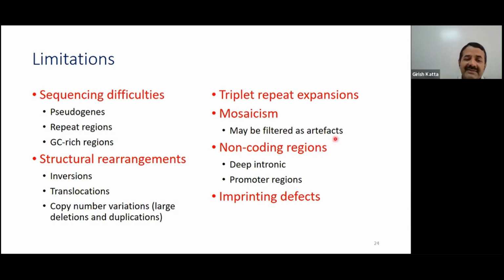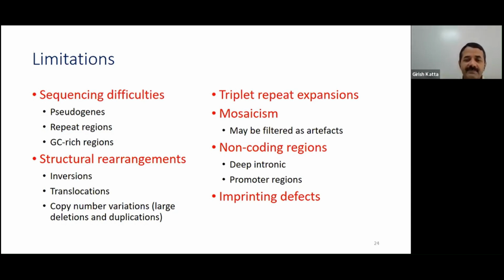Non-coding regions are by design not covered, but there may be some specialized capture kits or even multi-gene panel testing where deep intronic and promoter regions may be covered. But in general, exome sequencing does not cover this, but this can be covered in whole genome sequencing.